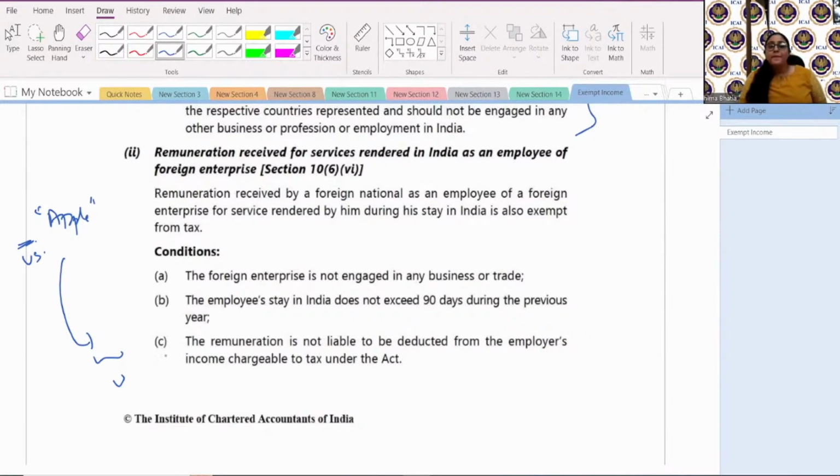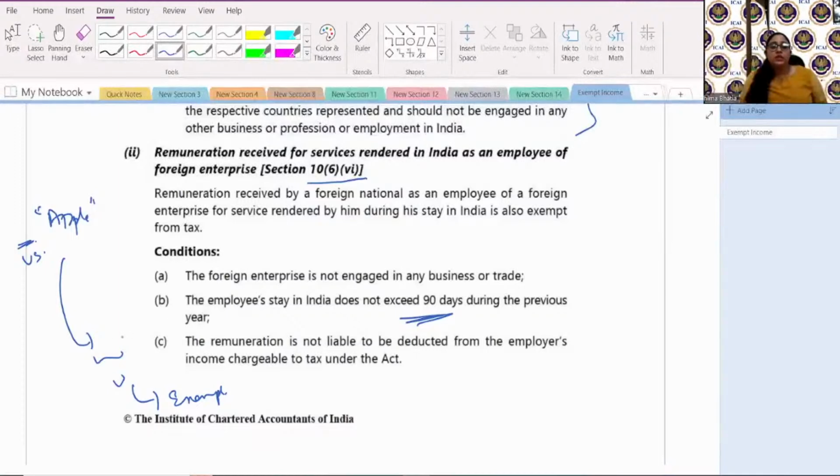I said yes. But that income for that period of service is exempt under Section 10, Clause 6, Subclause 6 again. Why and when? When the foreign enterprise is not engaged in any business in India, and the person has only come for a period of 90 days. If he has come for more than 90 days, this exemption would not work.